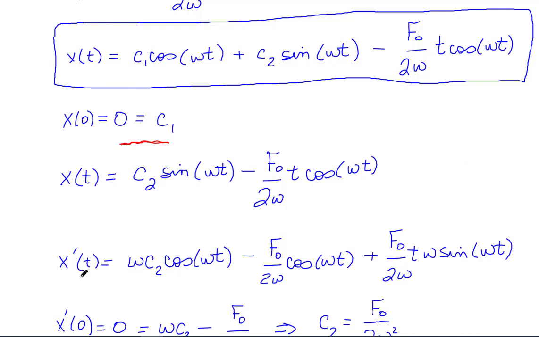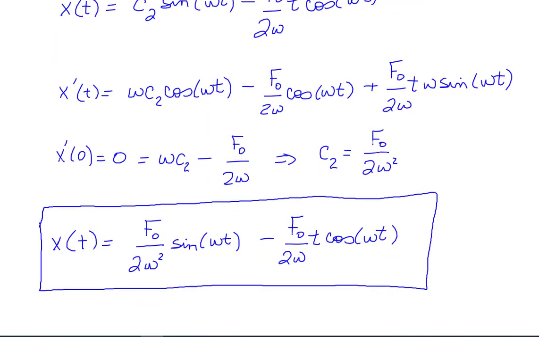And so now I'm looking at the first derivative. So here's my first derivative, and again at 0, it's supposed to be 0. Well, cosine of 0 is 1, cosine of 0 is 1, so I get that piece. Sine of 0 is 0, plus it has a t in it, so that's missing.